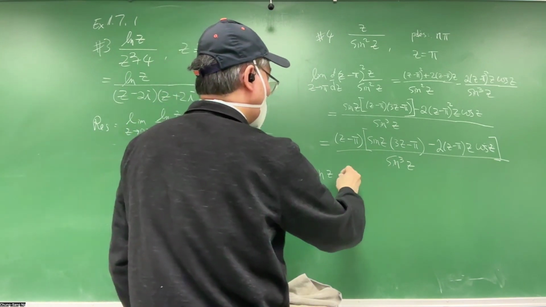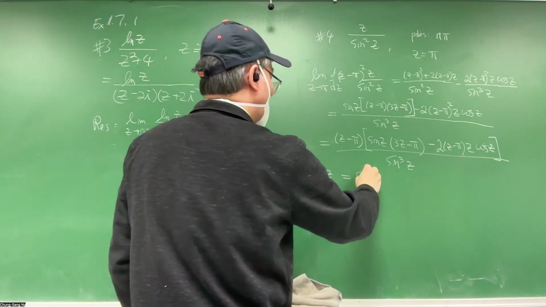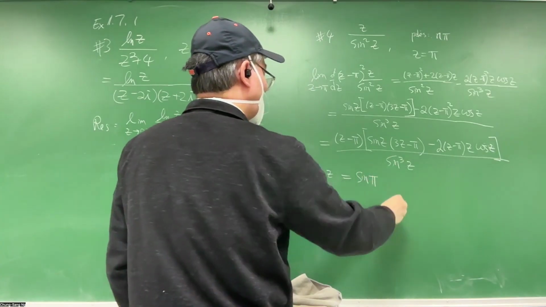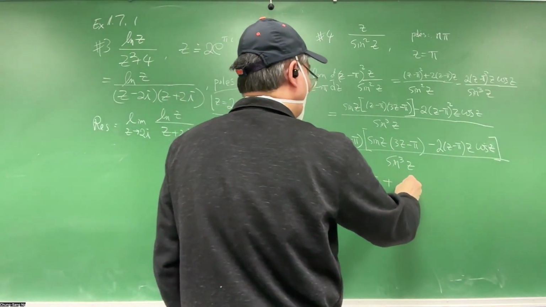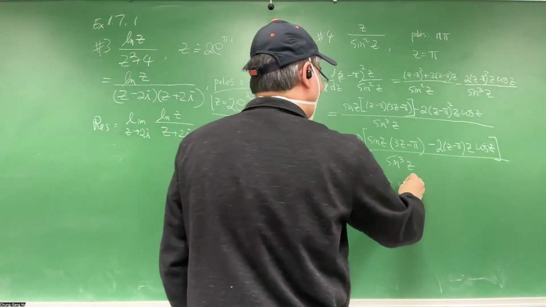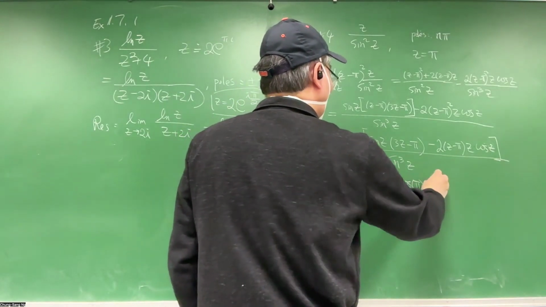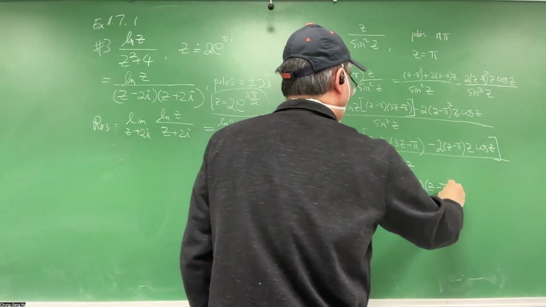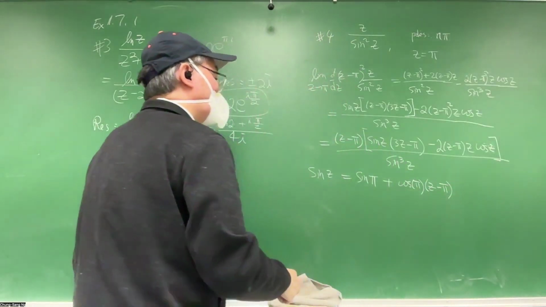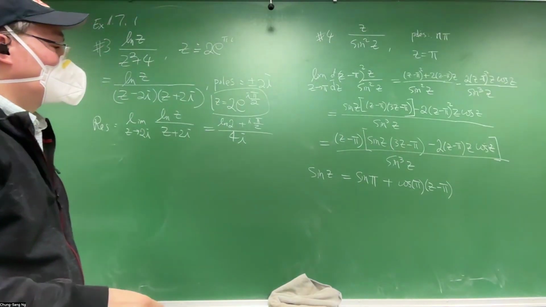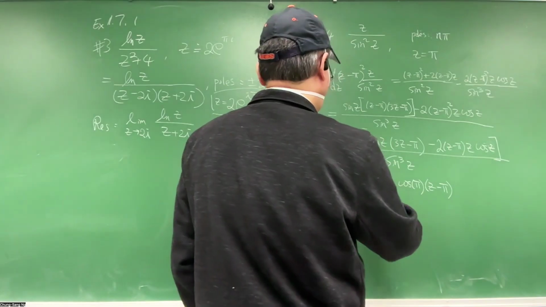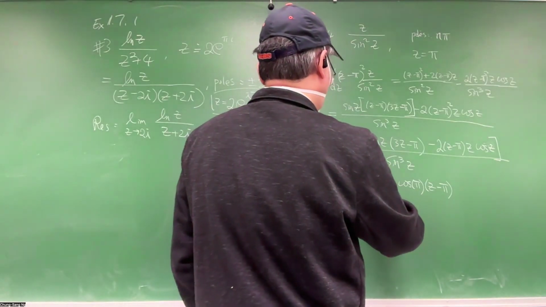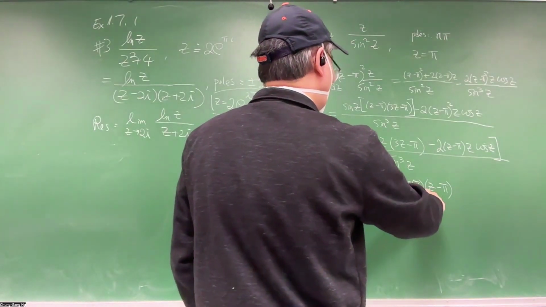Which is sine of pi, which is 0, plus cosine at pi, which is -1, times z minus pi. Right. That's the first term, right?